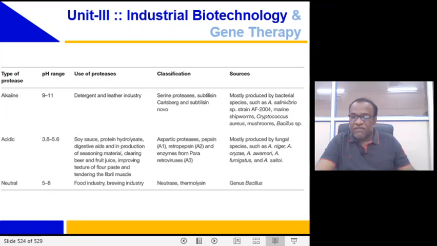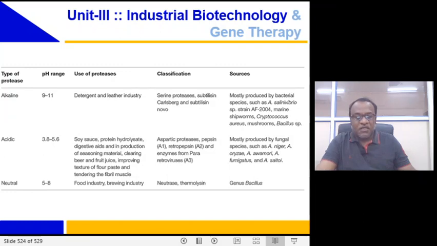Then we have neutral proteases, where the pH range is between 5 to 8, and they find applications in the food and brewing industries. They are classified as neutrase, thermolysins, and are produced by the genus Bacillus.